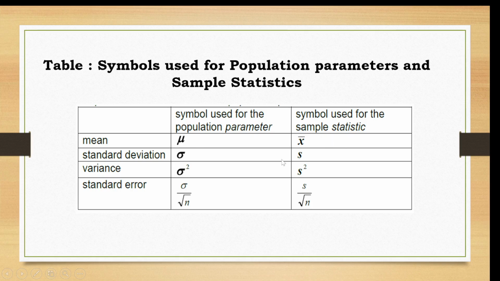The standard deviation for the population is denoted by the Greek letter sigma, whereas the sample standard deviation is denoted by S. The population variance is denoted by sigma square, whereas the sample variance is denoted by S square.